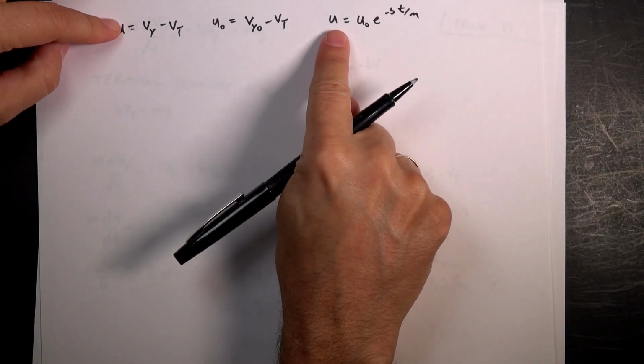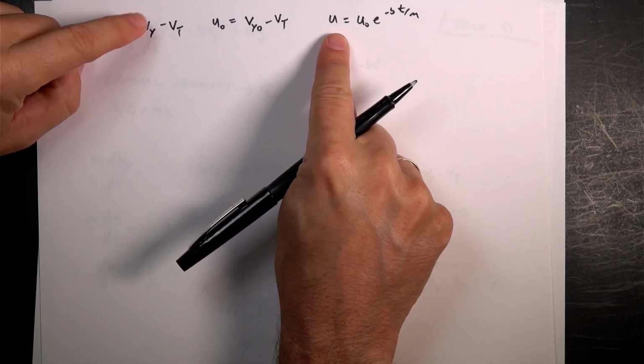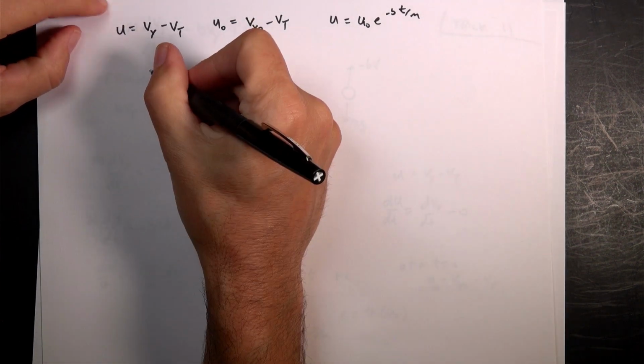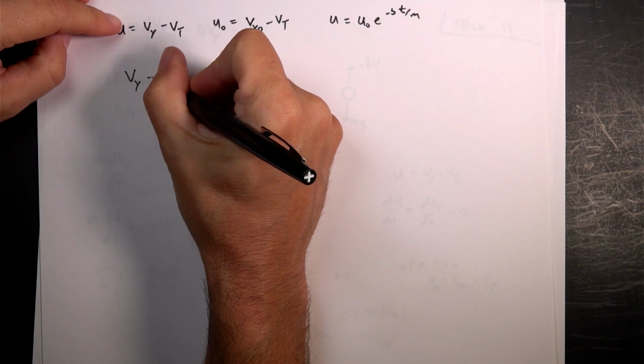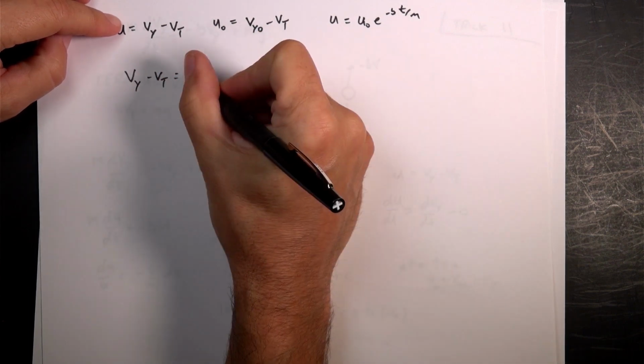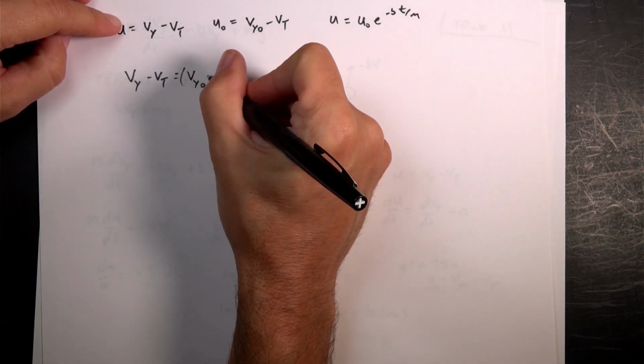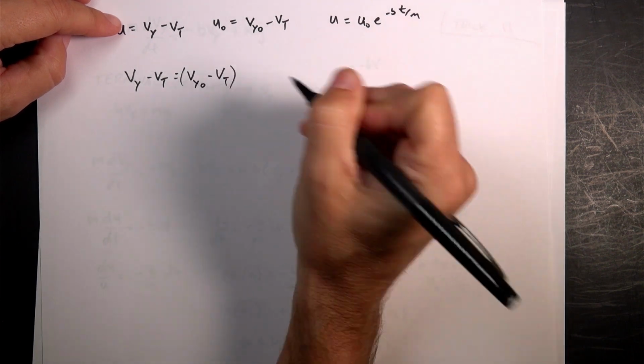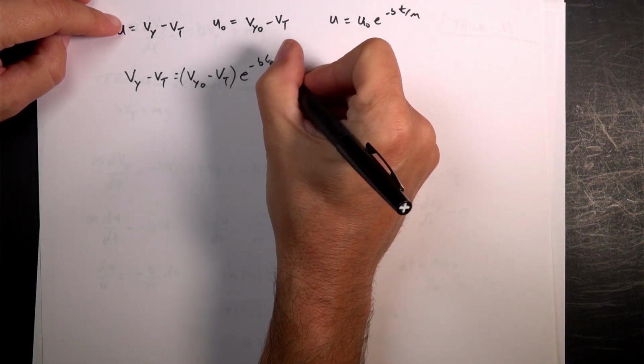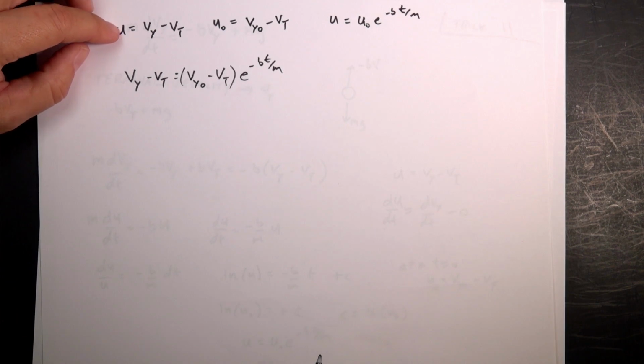Let's just substitute the stuff in. For u, I'm going to put this. For u0, I'm going to put that. So I get vy minus vt equals (vy0 minus vt) times e to the negative bt over m.